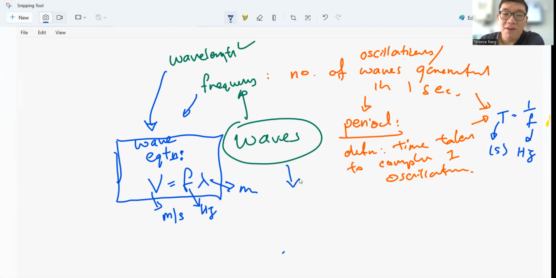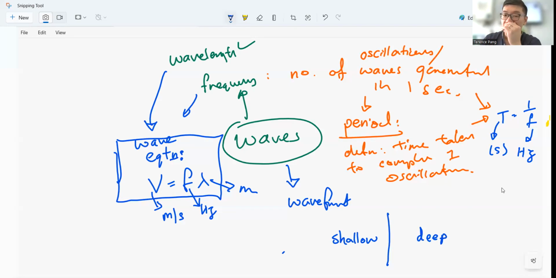We talked about wavefront just now. Okay, so you have shallow and deep. So let's say you travel from a shallow to deep region. What can change? Okay, so we have V, F, lambda.